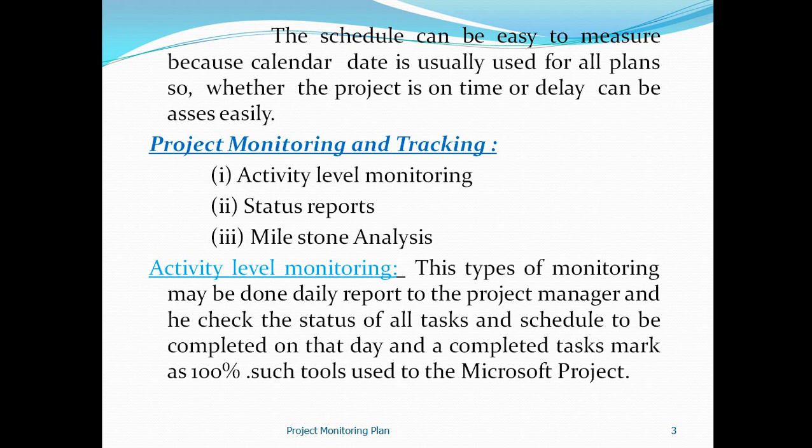And the schedule can be easily measured because the calendar date is usually followed in all plans. So whether the project is on time or delayed can be assessed easily. The developer can understand easily.